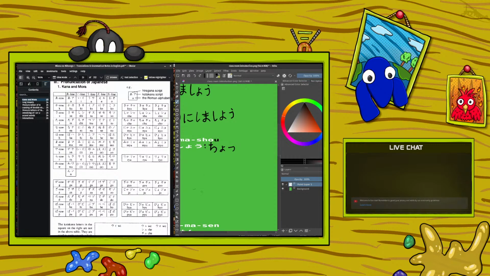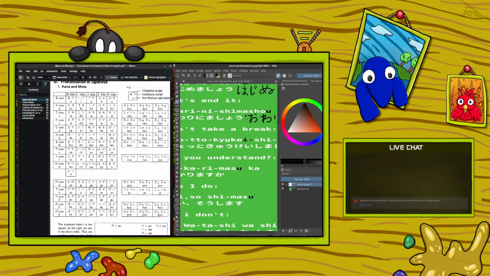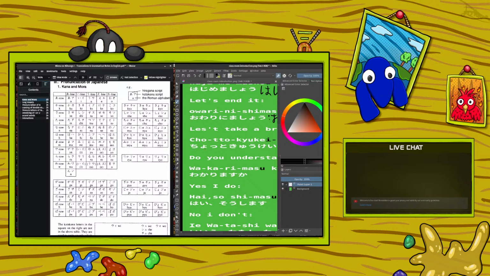So now we have cho, to. It's not the prettiest way of doing things, but I'm never the best at making things pretty looking when it comes to writing. So now we have cho, to, cho, to.